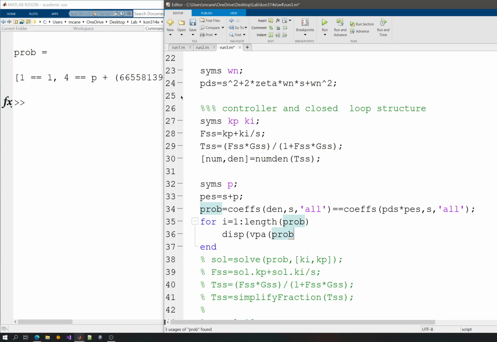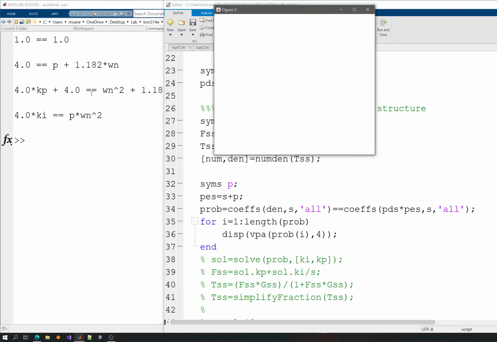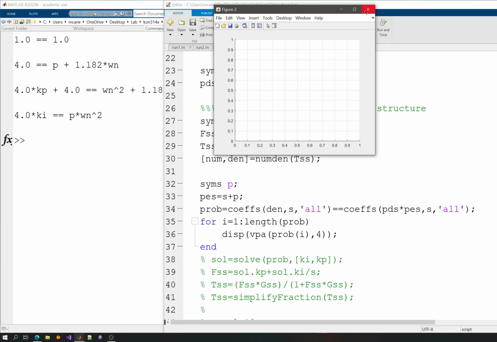I can see that there is a fraction which doesn't look that appealing. So if I do this, I should be able to see the ith element basically, I should be able to see what my problem looks like, and this is much better.